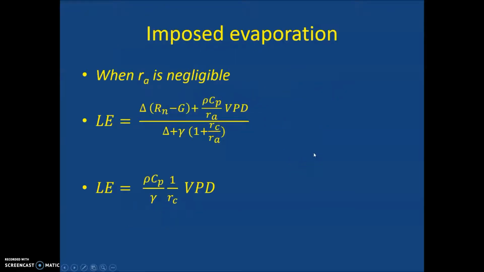If we apply the Penman-Monteith equation to a coupled canopy like trees, we come to the imposed evaporation equation, where evaporation is proportional to vapor pressure deficit and inversely proportional to canopy resistance.